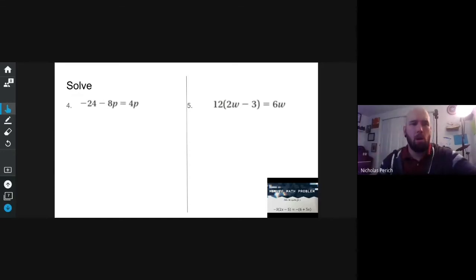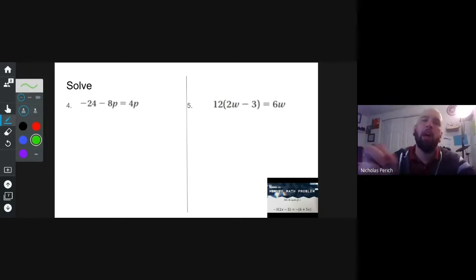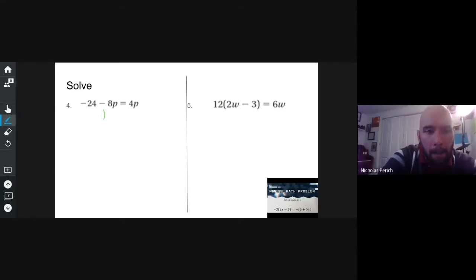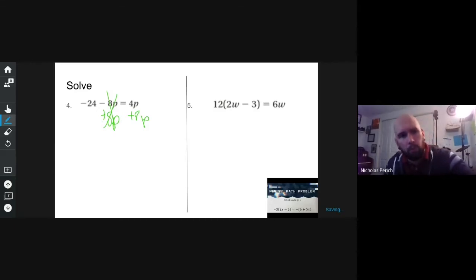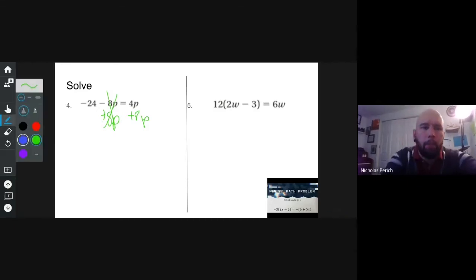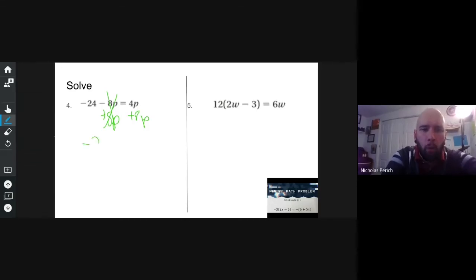So I'm going to add 8p to both sides. When I do that, I drop down the -24 equals 4p plus 8p is 12p.